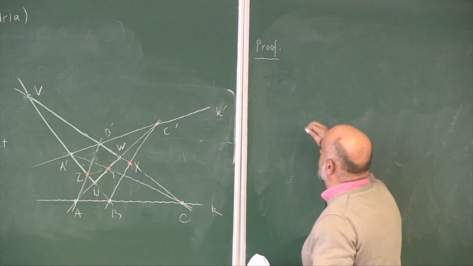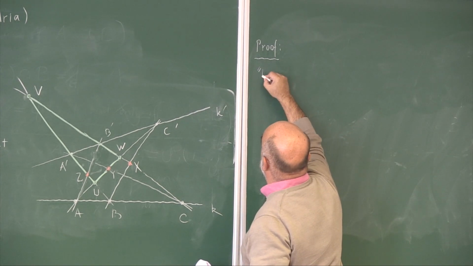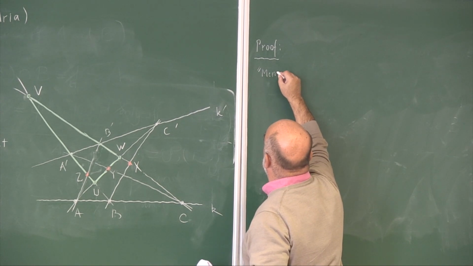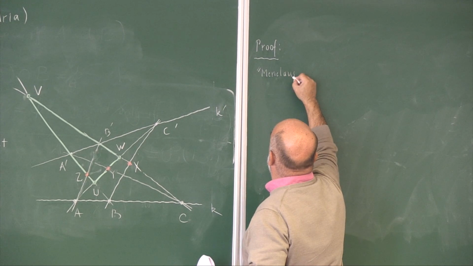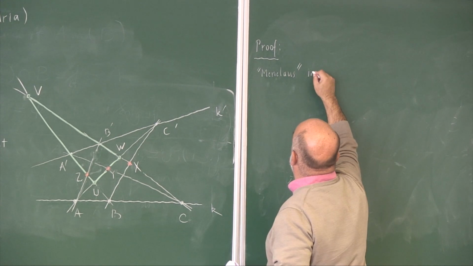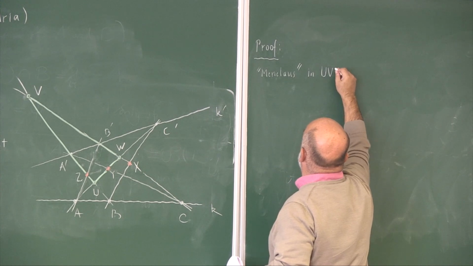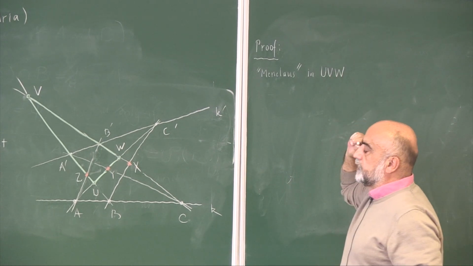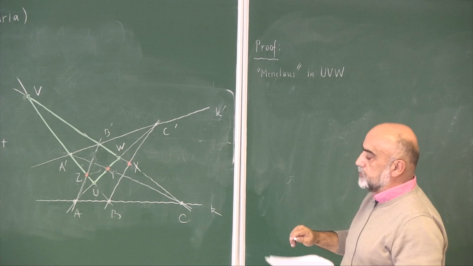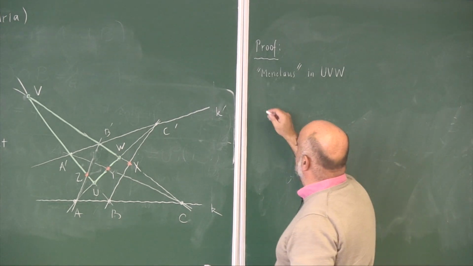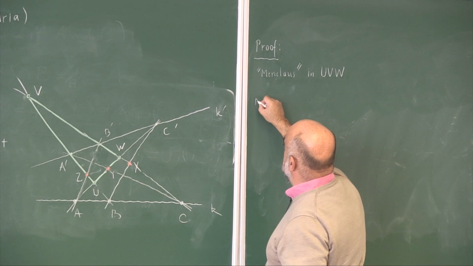Proof. So let's use Menelaus in connection with triangle UVW. And of course, there are several lines with which you can do this. Let's first of all use the line BC prime.